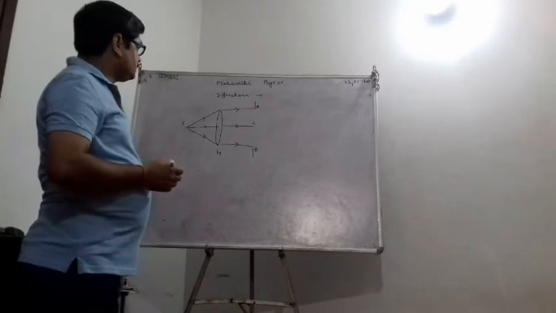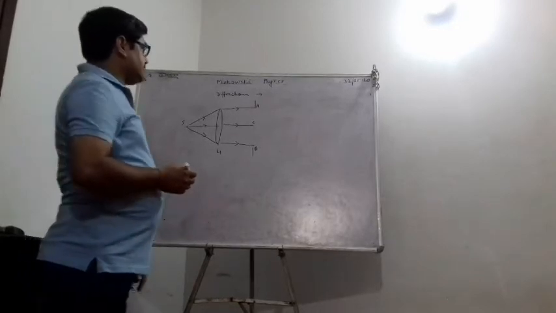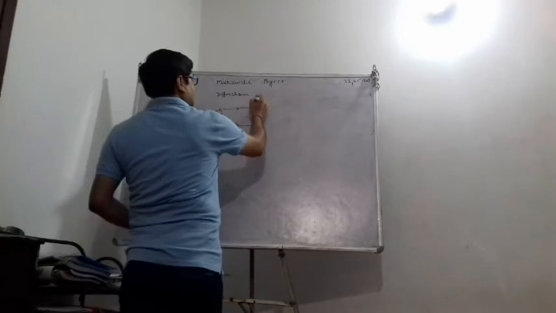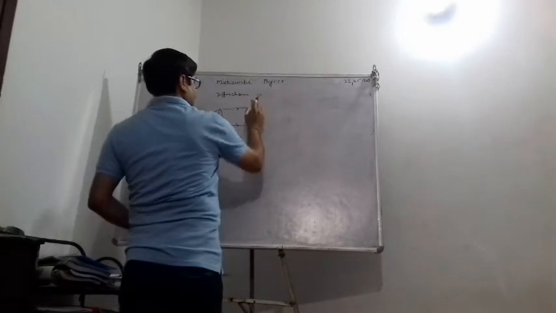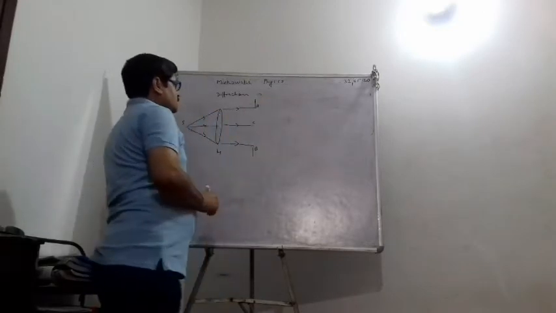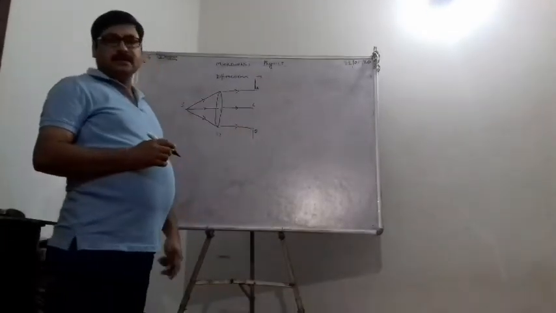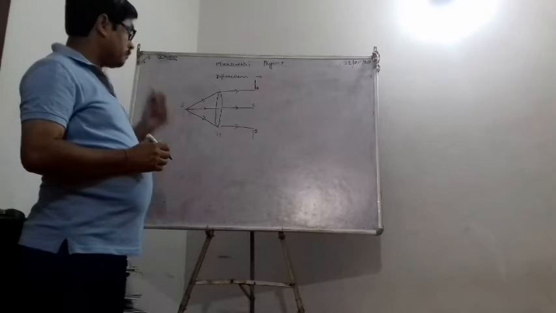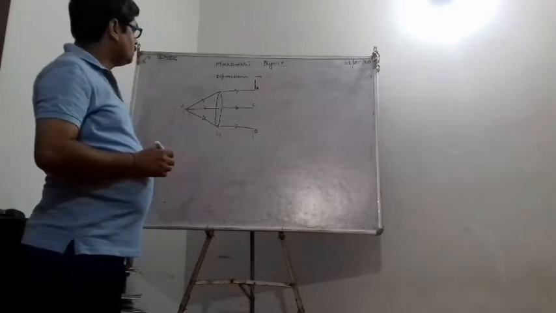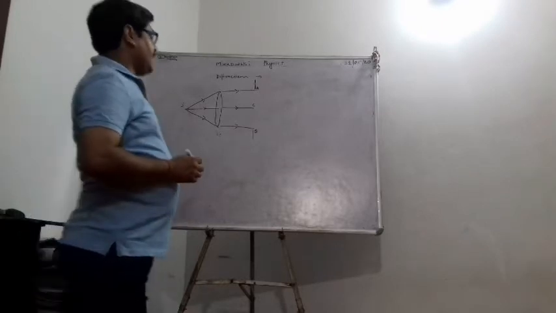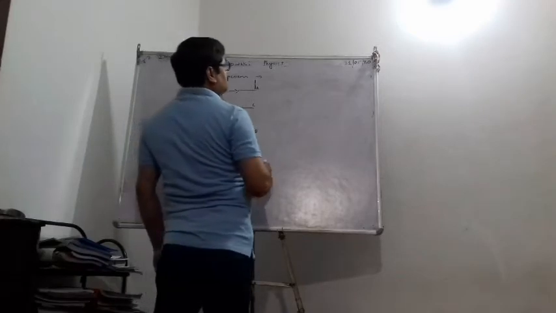Okay students? It is incident on the single slit. The points A and B are the edges of the slit. Then the diffraction phenomena is observed.